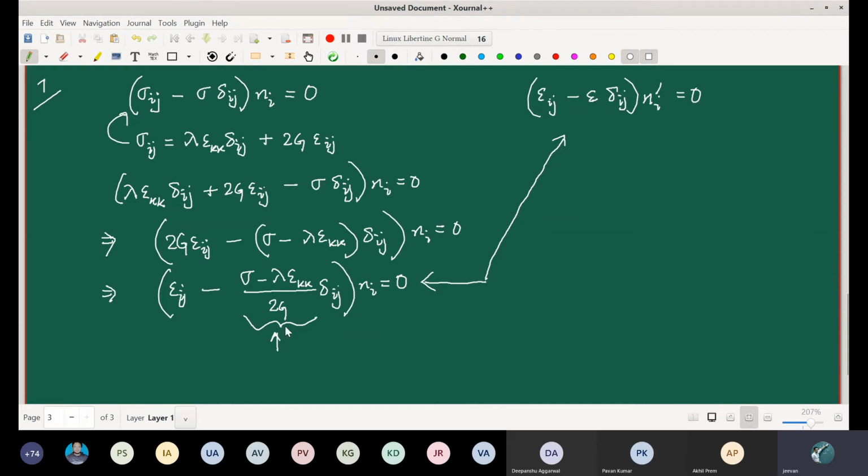And if it is so, then this statement that we have derived just now from the eigenvalue problem for the principal stress is exactly in the same form that the eigenvalue problem for the principal strain should be, which means that this should be the principal strains, and this one should be nothing but the Ni dash. Okay, and that's all there is to it.